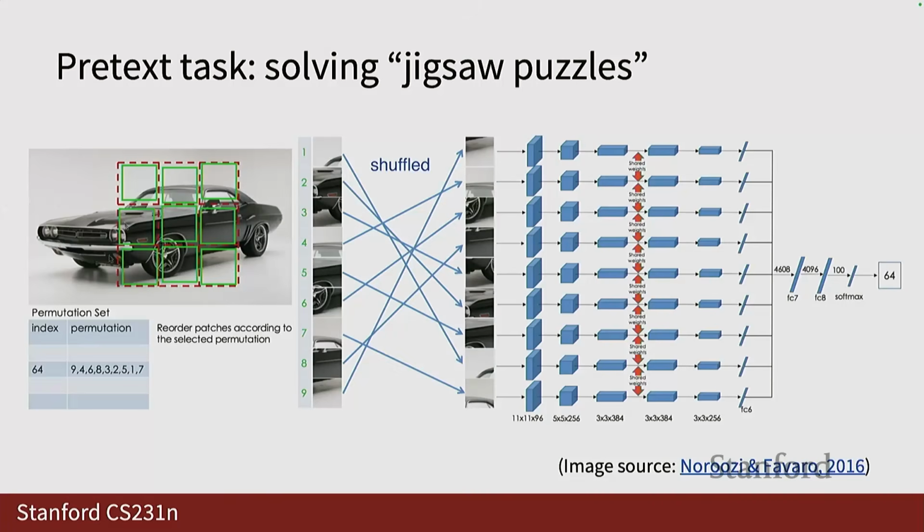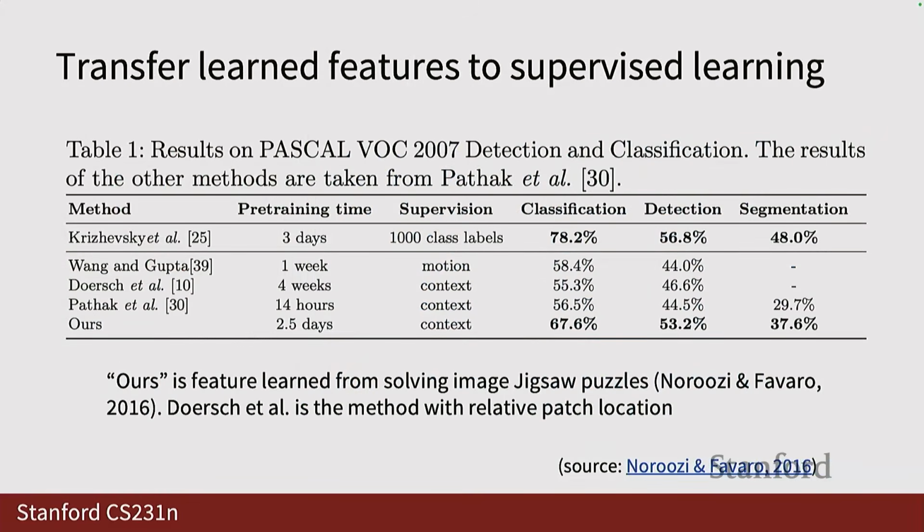But what they did was create a lookup table with only 64 plausible permutations, and they do the shuffling based on one of these 64, and then the output will also be just a 64-sized vector. So again, this turns out to be a simple classification task with 64 output classes.